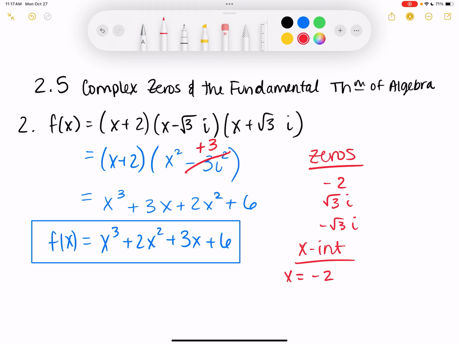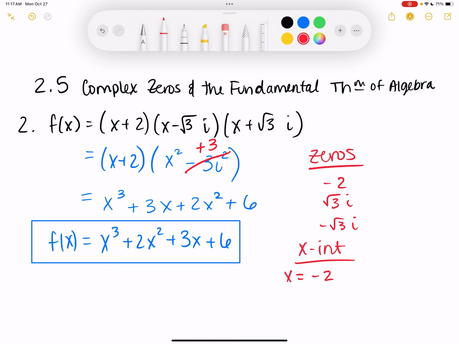So I have a 0 at negative 2, but then it just keeps going up. So you don't see them on the axis, because they're imaginary. You're only going to see real zeros on a real graph. Oh, okay.